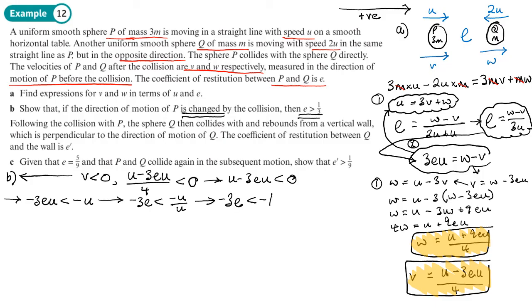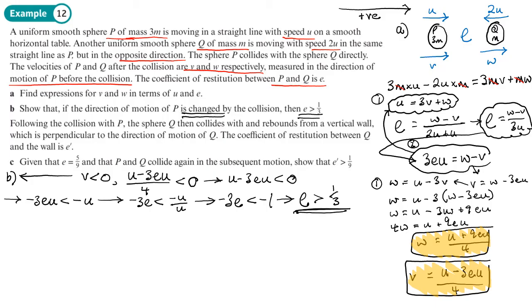Now if I divide both sides by negative 3, I do need to flip the sign. Negative 1 divided by negative 3 gives me a third. So there we go for part B.